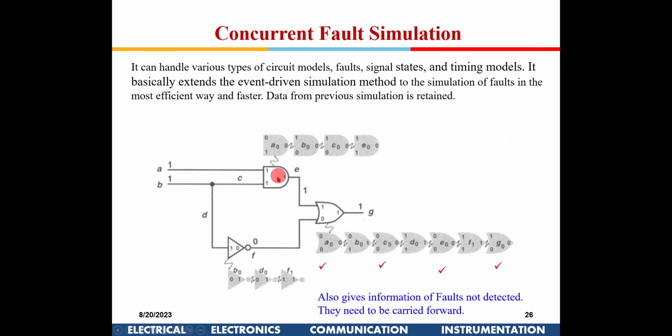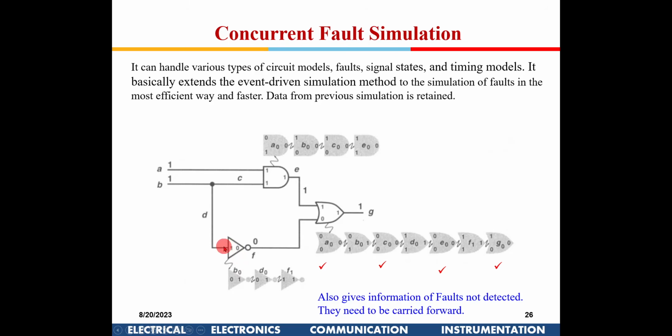In the third run, it will replace the functionality of this gate by this gate, where B is stuck at 0. Again, the output will be 0. Okay, so I will get a 0 here, right? But this is a 0 here, right? So correspondingly, when I am simulating B equal to 0, the model of this gate also will change, because now I am taking B stuck at 0.